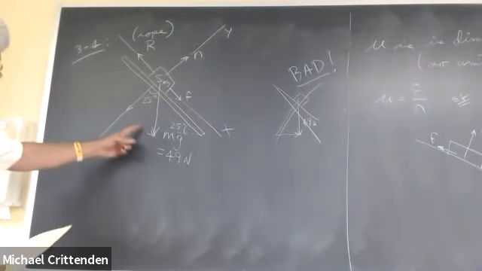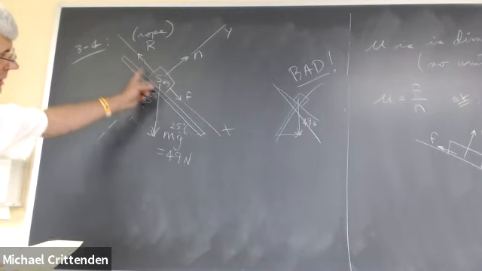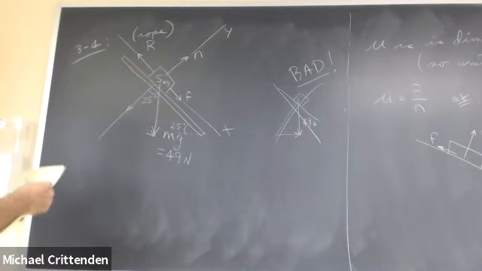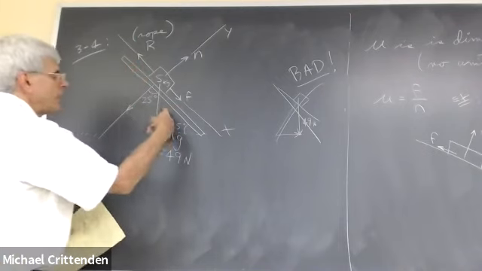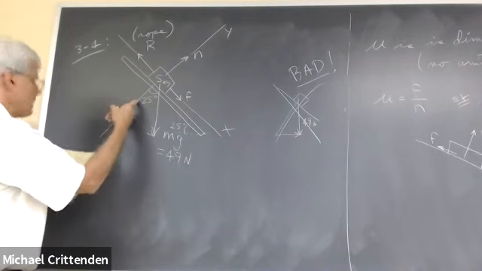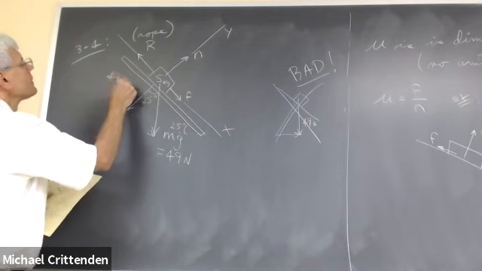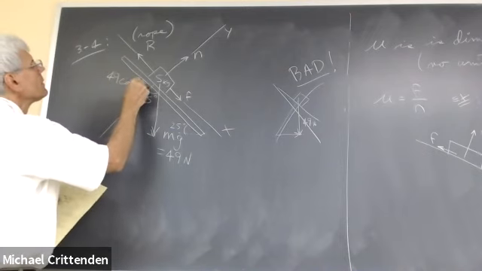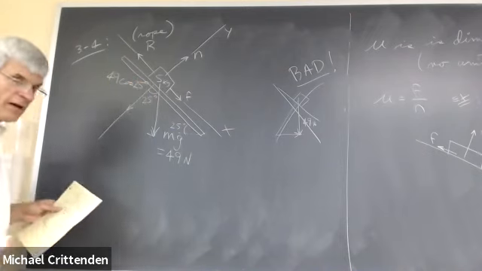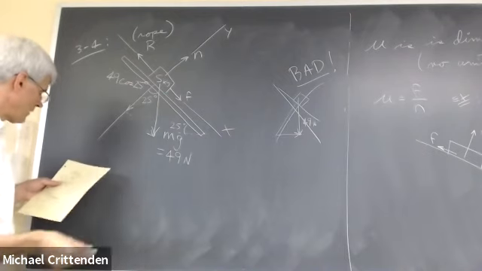So notice the x component is parallel to the x-axis. The hypotenuse is the 49. Adjacent side, 49 cosine. Adjacent side is cosine, opposite would be sine.